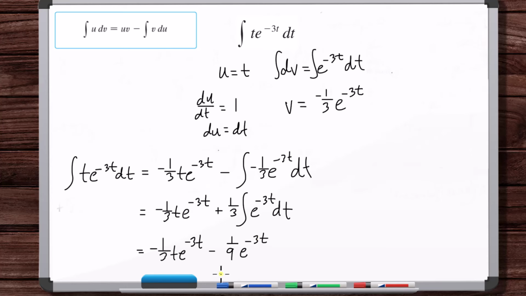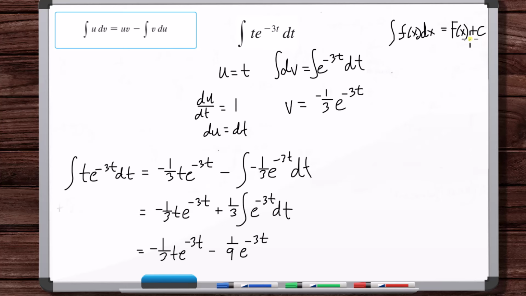And that's the capital F of t. Remember what we mean by that: the general function for any antiderivative is, in general, capital F of x plus c. This capital F of x doesn't have to be just one term. It could be multiple terms added together, like a full expression.